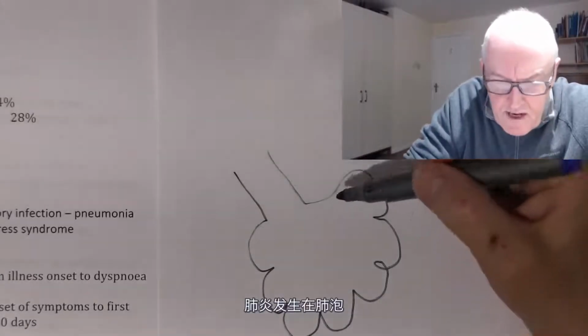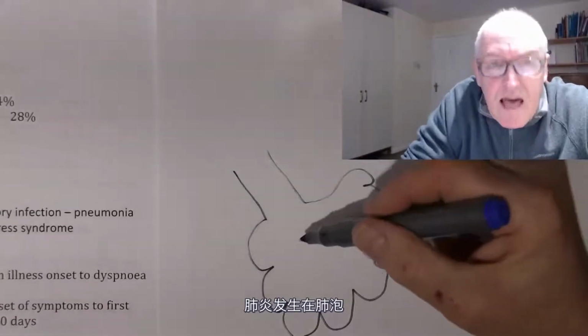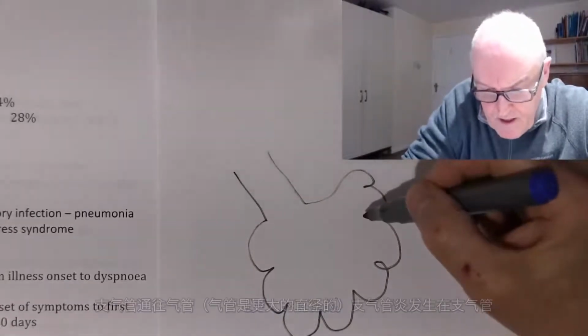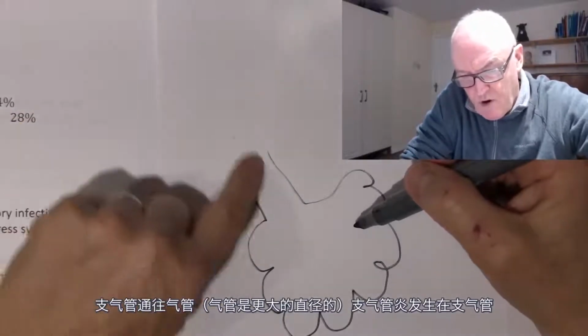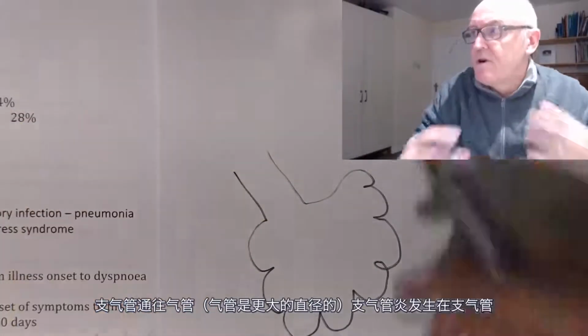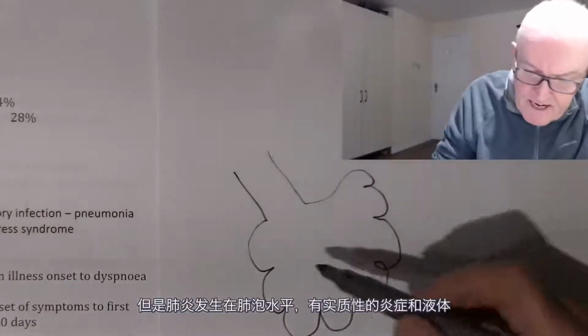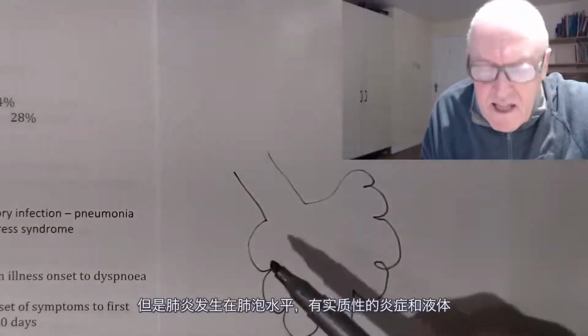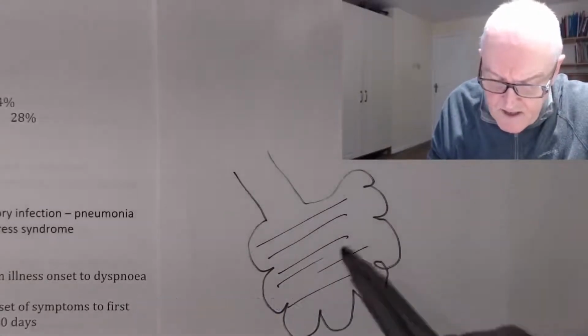Now, pneumonia is infection at the level of the alveoli. So bronchitis is going to be the larger bronchial passages, the larger bronchial passages in the bronchial tree. But pneumonia is actually affecting the lung at the level of the alveoli, and we get consolidation, we get fluid collecting in there.